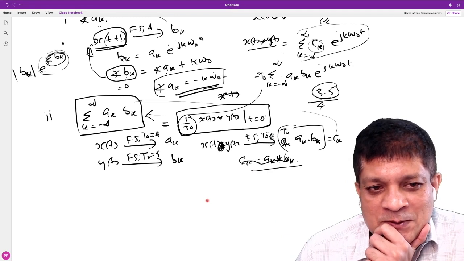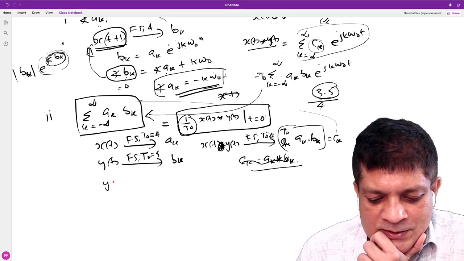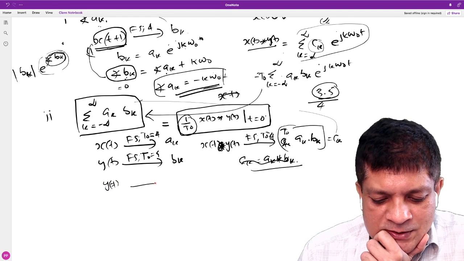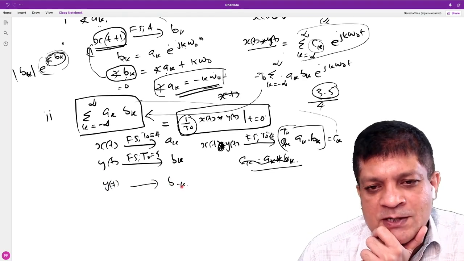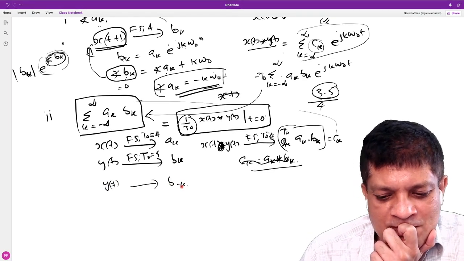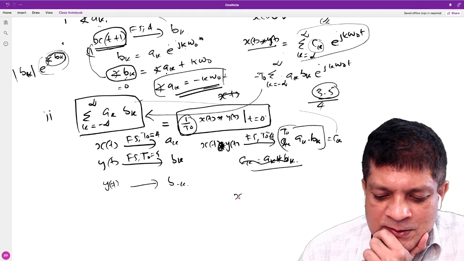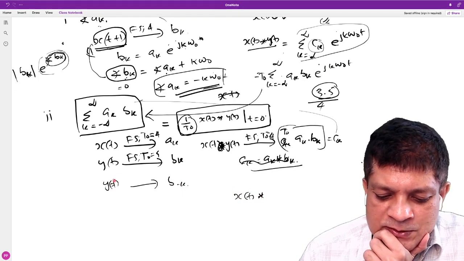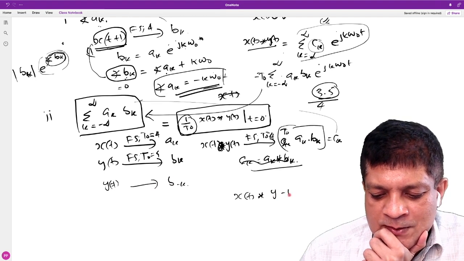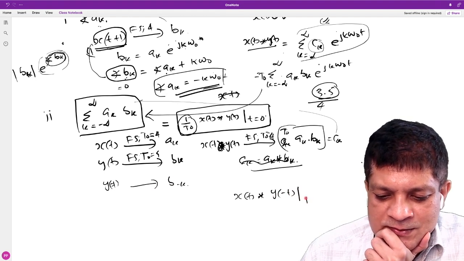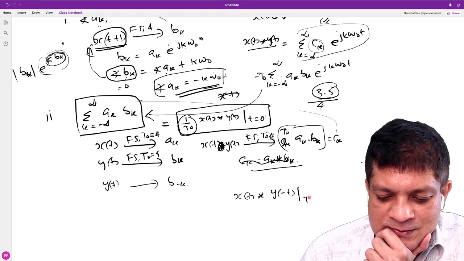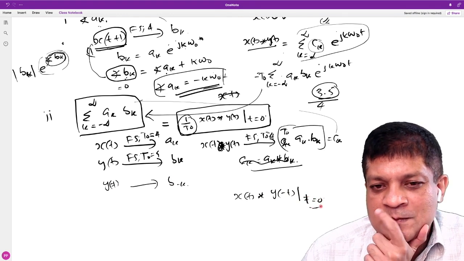What modification do you have to do? The Fourier series of y(-t) is b(-k). Then what is the answer? It is x(t) convolution y(-t) at t equal to 0.